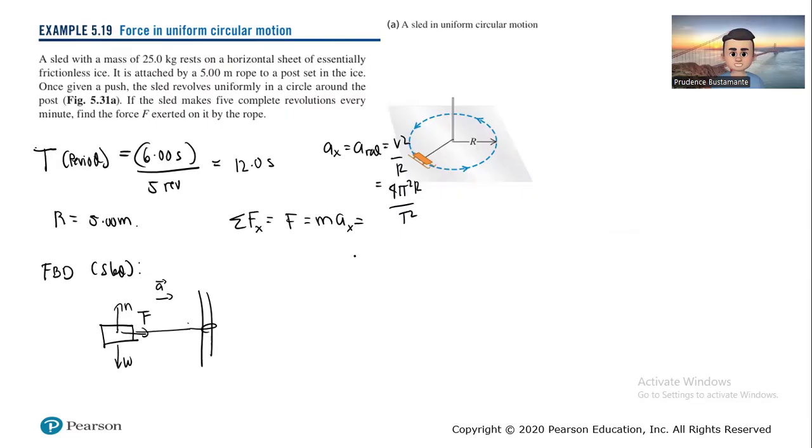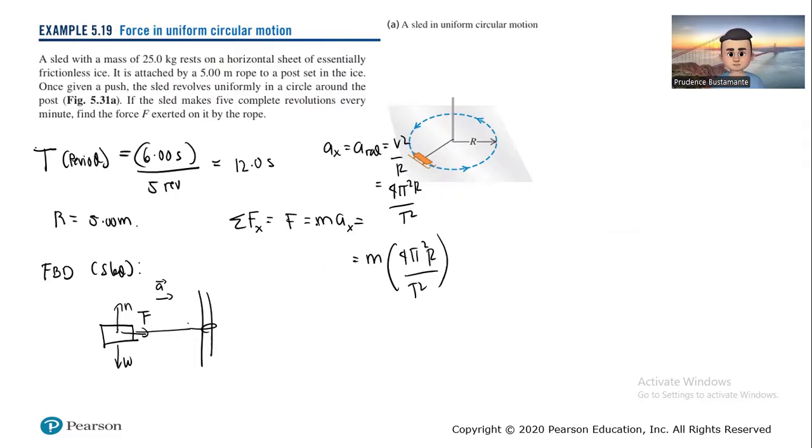So this is equal to m times 4 pi squared r over t squared. We're using this because the given is the period.